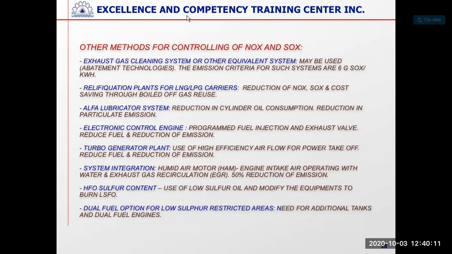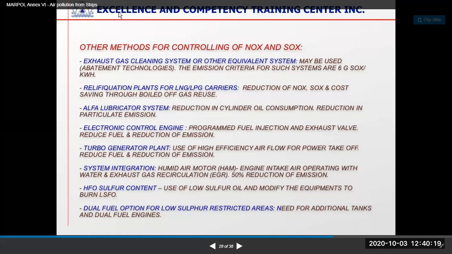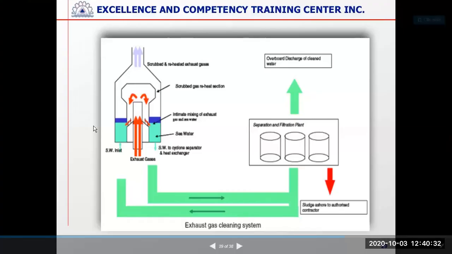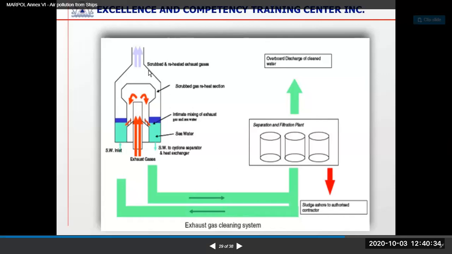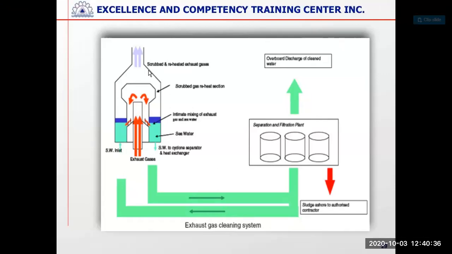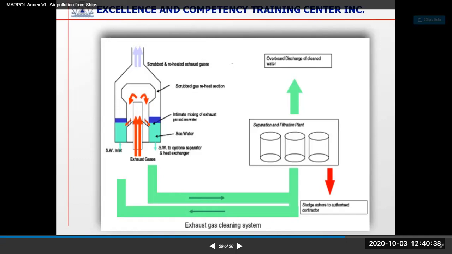Then HFO sulfur content of the fuel oil, low sulfur fuel oils are used, and dual fuel options are there in the ships for SECA areas. Then also, as you know, many ships are installing scrubbers because some engines are not ready to use this very low sulfur fuel oil.